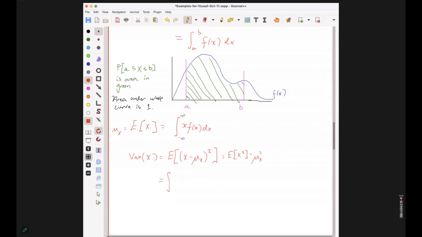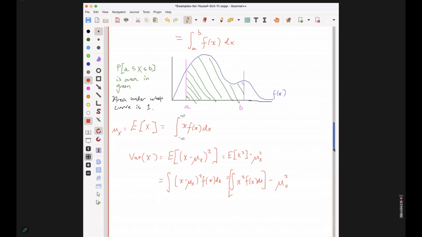This first thing we can write as the integral of x minus mu x squared f of x dx. The second thing we can write as the integral of x squared f of x dx minus mu x squared. Do you have any questions about this?